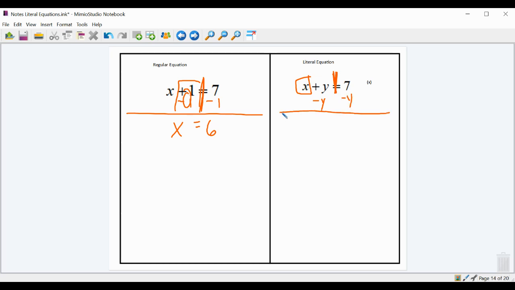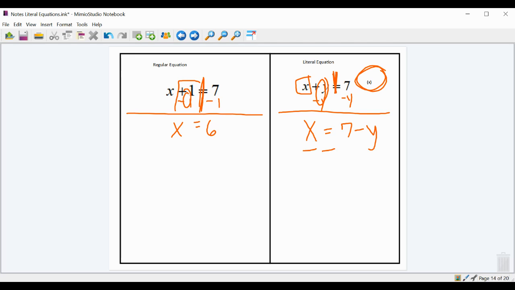The nice thing about these problems is this is going to get us 0. We're going to get x equals, and now we have 7 minus y, or negative y plus 7. It doesn't matter how you write it. I'm just going to write it that way, 7 minus y. And guess what? You are done. It says the magical words. X is what you're solving for. It should say x equals, which it does.